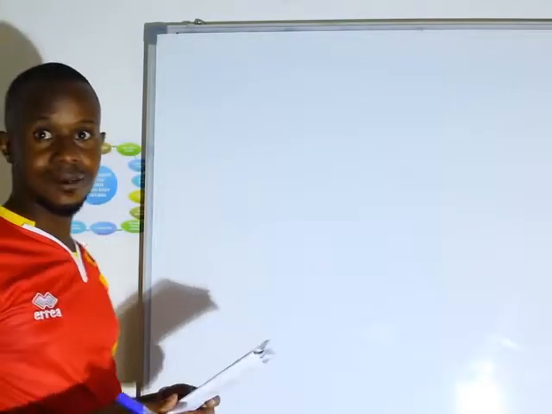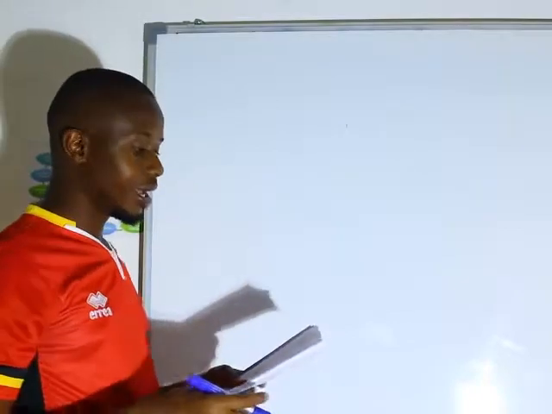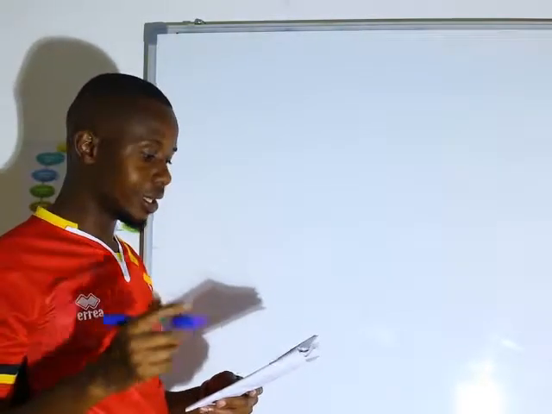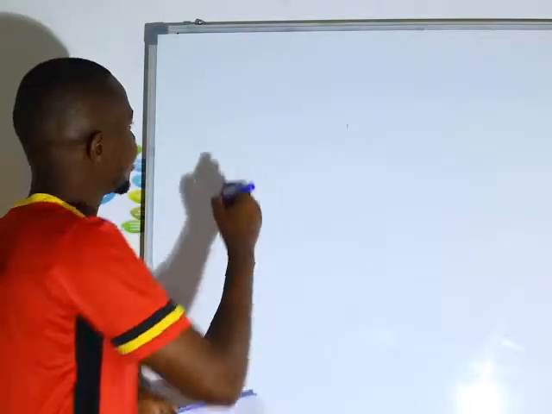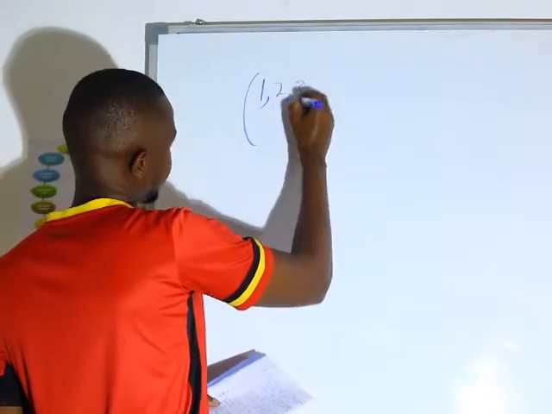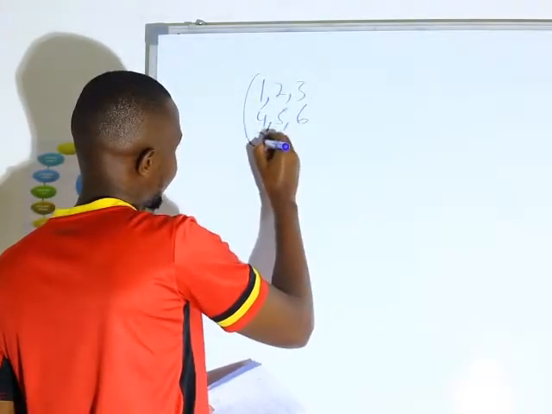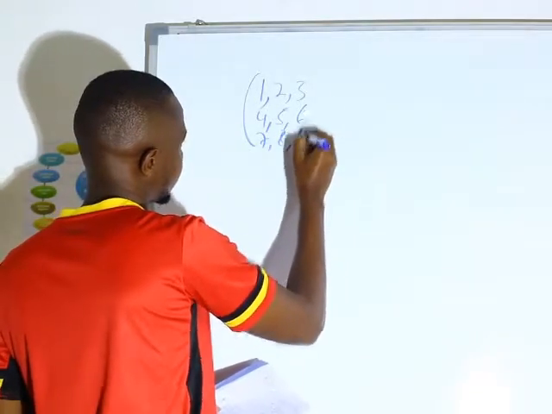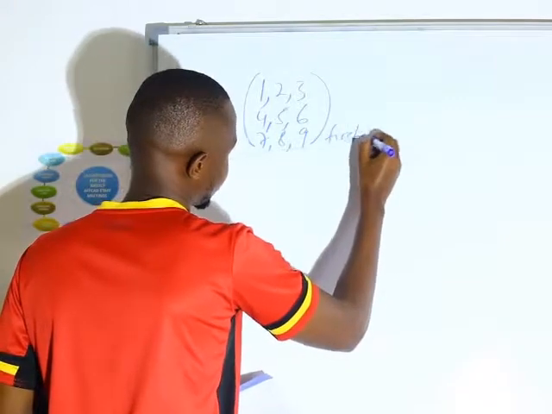So another thing to note is that every last number in the quadrant is always divisible by 3 and 9. Let us see. This is the first quadrant.